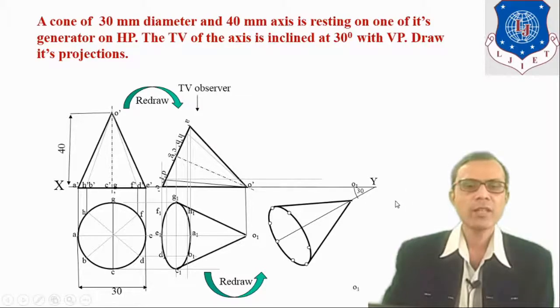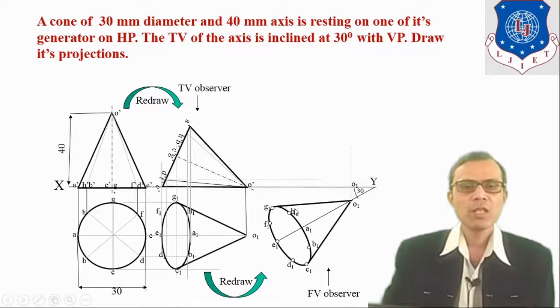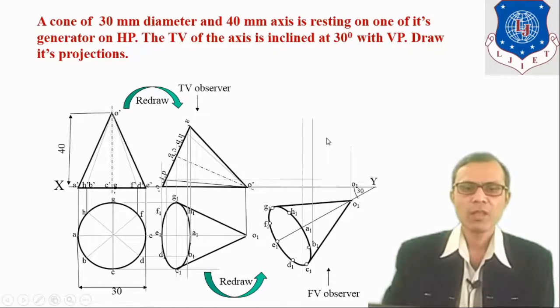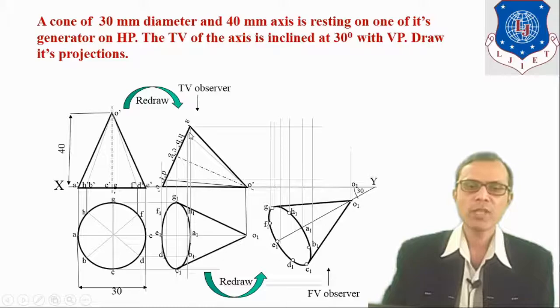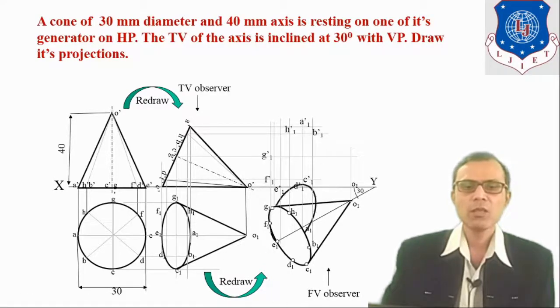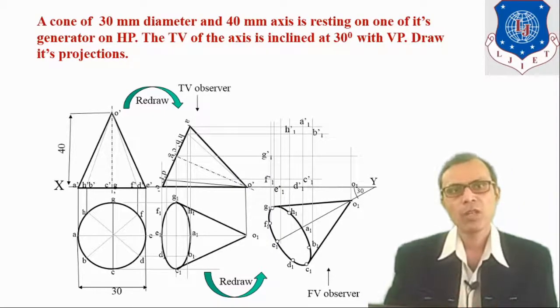This angle is 30 degrees. Write down all the notations. It shows the direction for the front view observer. Now to draw the final stage front view, draw the projectors from all these points. These are the projectors from all the corresponding points. From the second stage front view also, draw the projectors and mark all the respective intersecting points with particular notations.